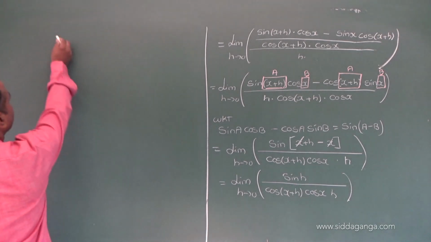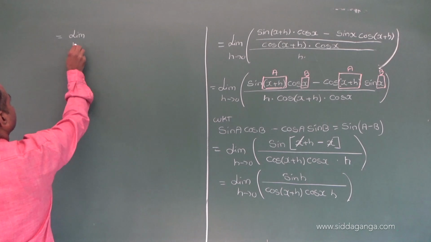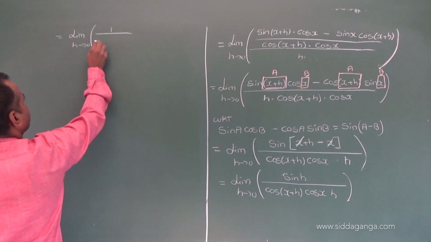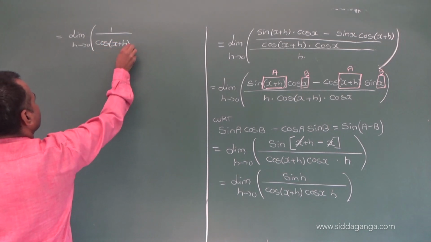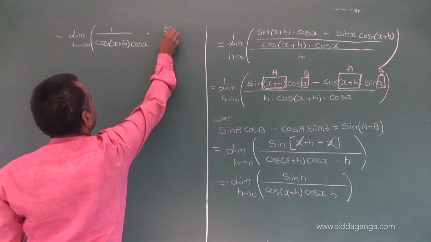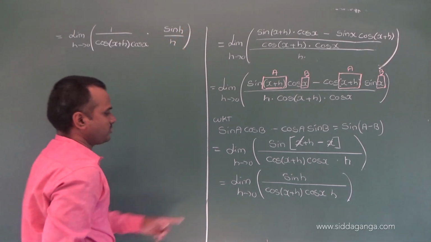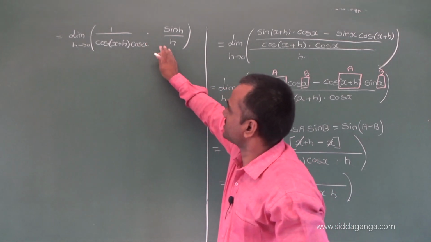What we do, we split into two parts. Limit h tends to 0, 1 divided by cos x plus h into cos x, into sin h divided by h. This is f of x and this is g of x.